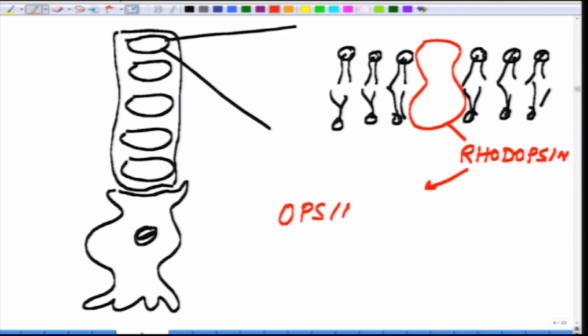One is called opsin, the other one is called retinal, and the retinal fragment is sitting somewhere. I will just put it in blue now. Somewhere here the retinal fragment is sitting. Okay. So, this is how it looks. There is an opsin moiety and there is this retinal molecule.